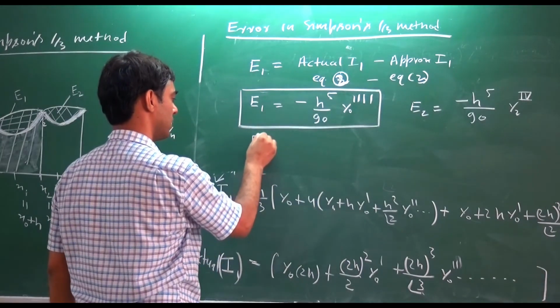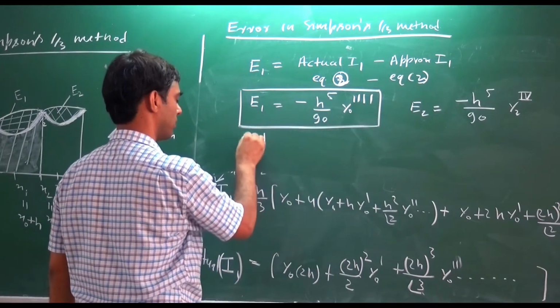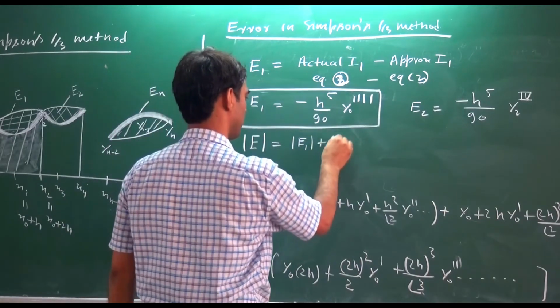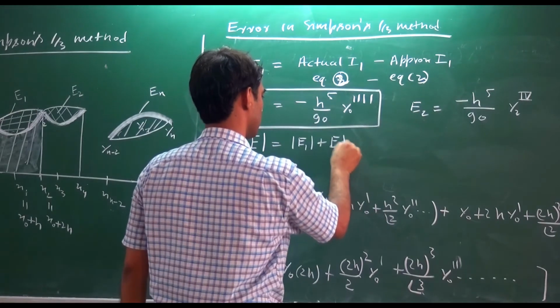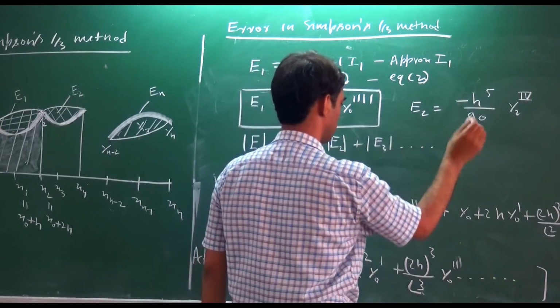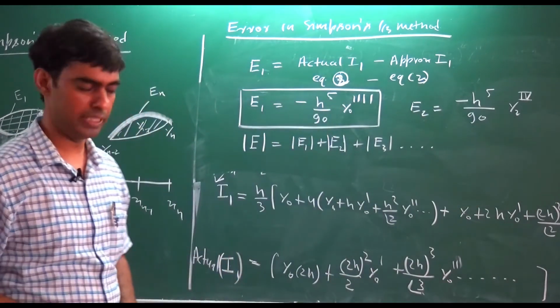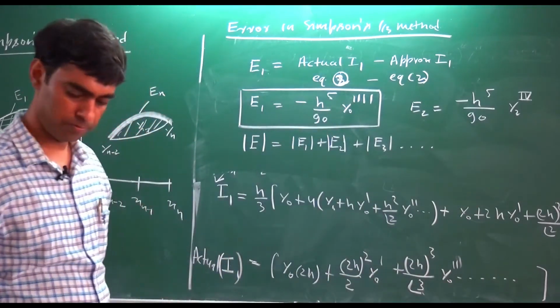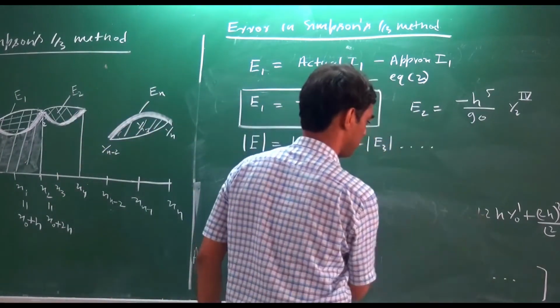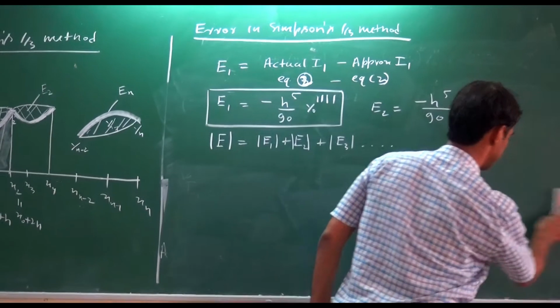If we take the mod value for the error, it is the mod value for E1 plus mod value for E2 plus mod value for E3 up to mod value for E(2n minus 2). So after simplification, what do we get?